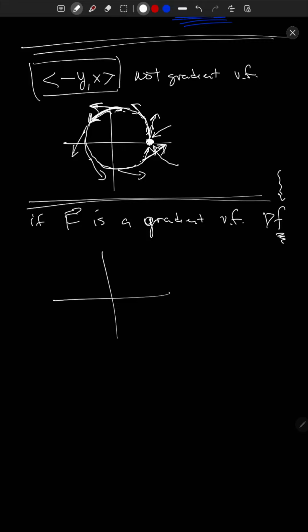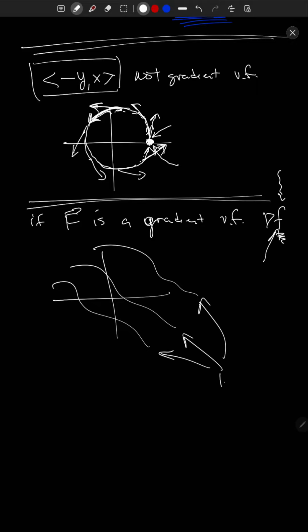Okay. So what do we know about capital F? Well, if we have that capital F is equal to the gradient of little f, and we draw the level curves of little f, so level curve, level curve, level curve, then we know the gradient of little f has to be perpendicular to the level curves.